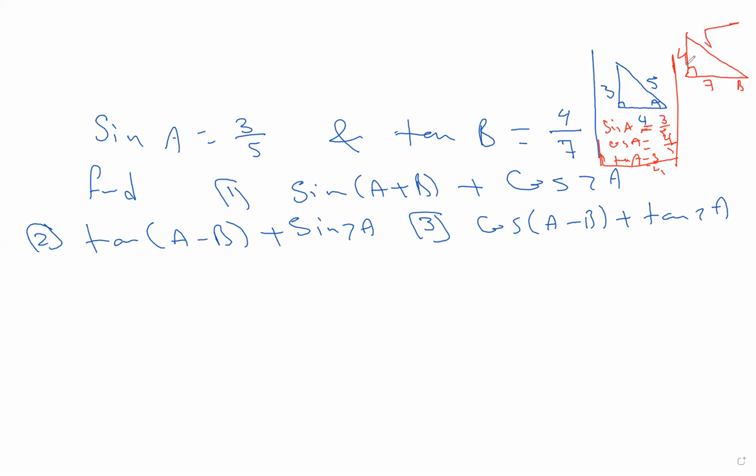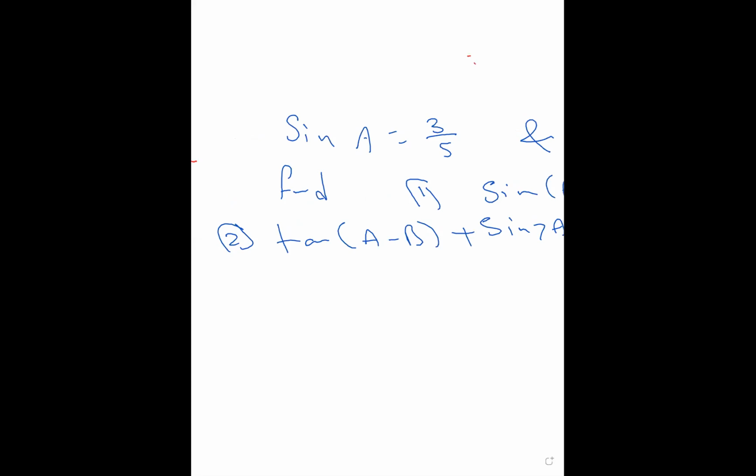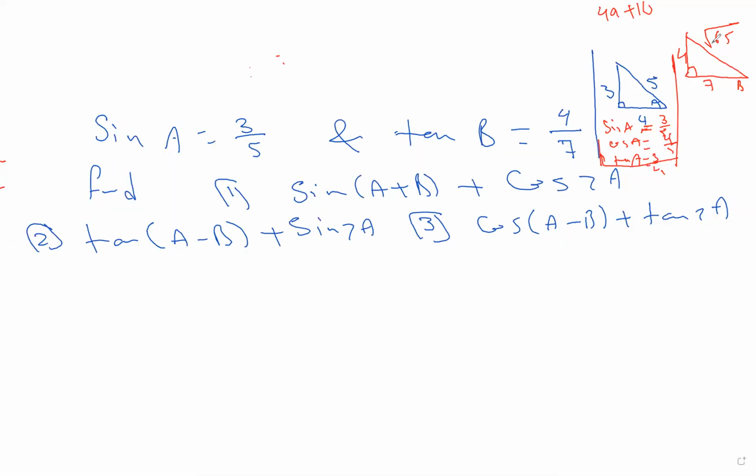Then the third side will be 16 plus 49, which is 65. Okay, with 65 we can get sine B equals 4 over root 65, cosine B equals 7 over root 65, and tan B equals 4 over 7.